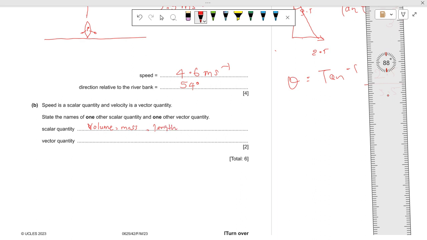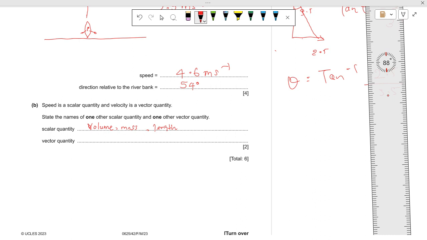These are variables which have only a size. There is no direction of acting, no direction of exerting. So they are named scalar quantities.